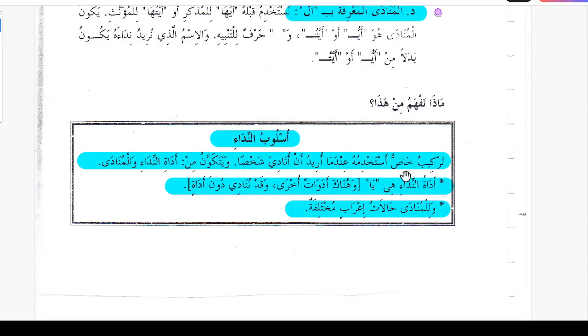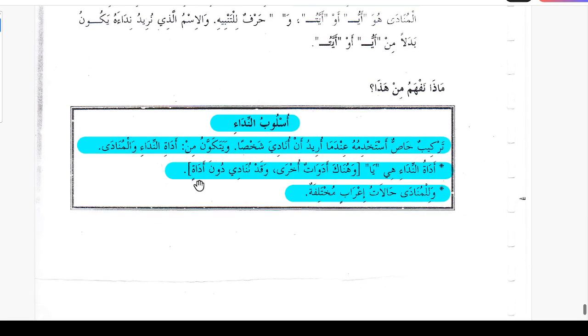This is the specific arrangement that I use when I want to call a person. ويتكون من أداة النداء والمنادى, and it is of two parts. The tool of the calling and the munada, the one you are calling, like adatu nadaya and the person you are calling. So these are two parts.